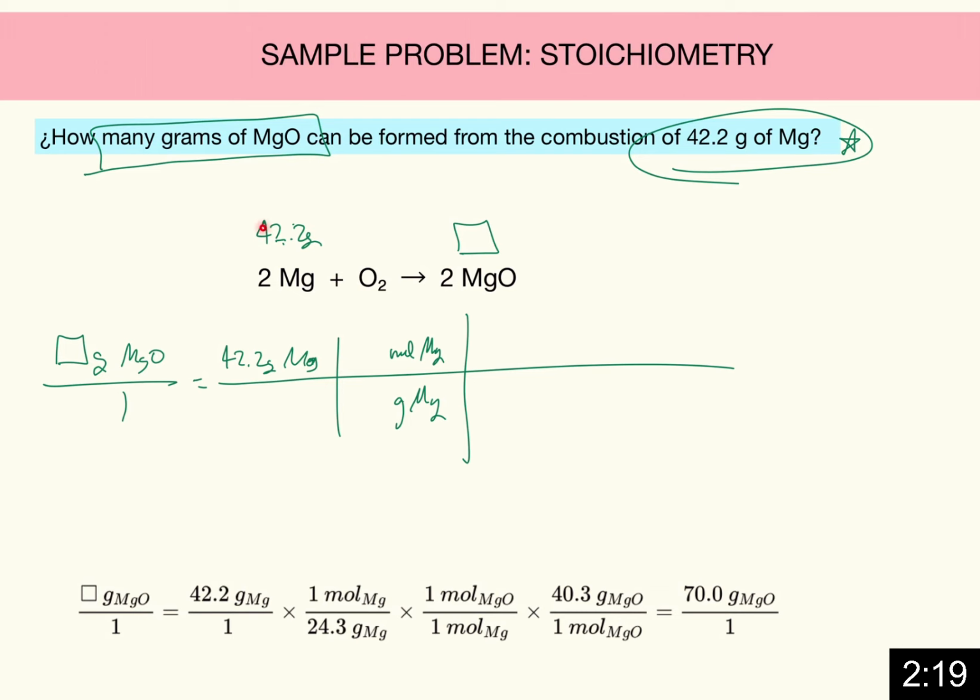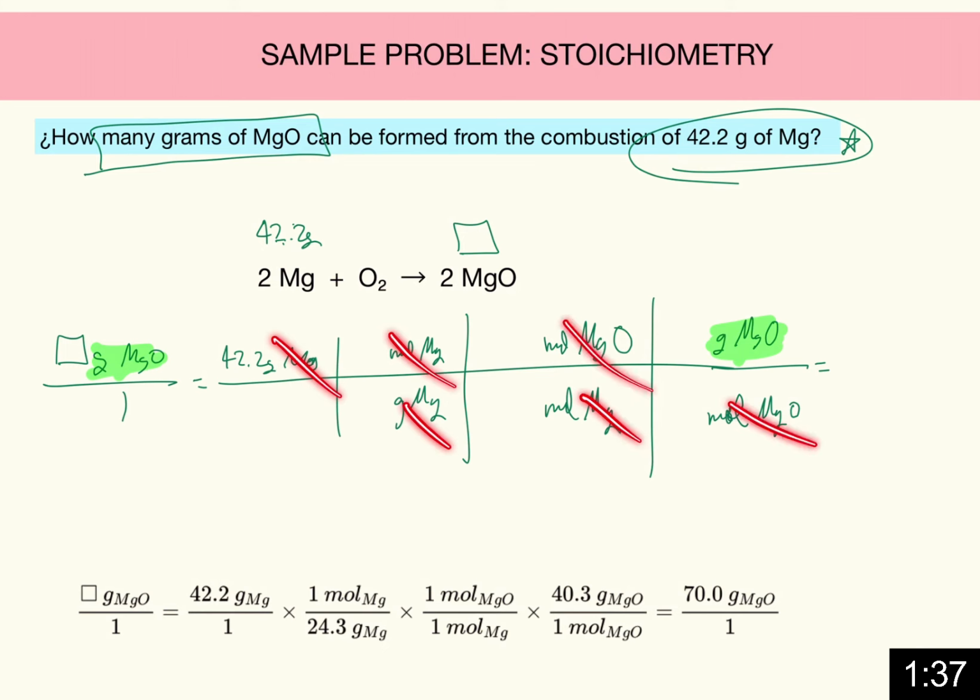And then I can see that I'm going to have to go from moles of magnesium to moles of magnesium oxide, and then my third conversion factor is going to be from moles of magnesium oxide to grams of magnesium oxide. Am I going to stop there? Yes, I am, because I can see my unit that I'm looking for is equal to the unit that I obtain, knowing that each of these other ones are going to exactly cross off.